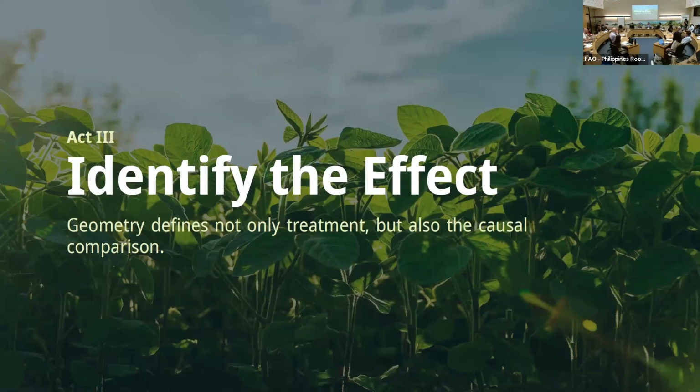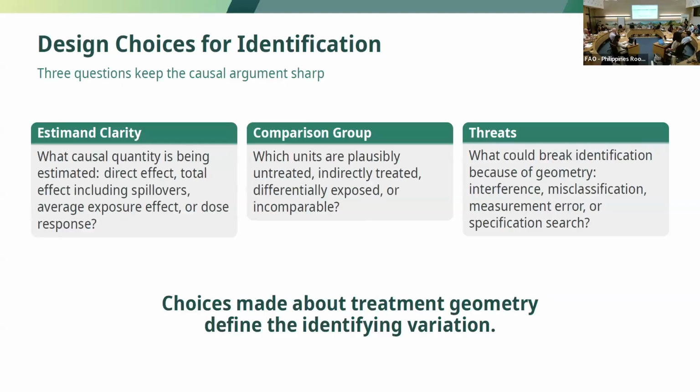Having mapped your treatment onto the data, that's going to define what sort of effects you can measure. Thinking about identification, you need to think about estimand clarity. Are you estimating direct effects, indirect effects? What is the comparison group? Your treatment geometry determines what your comparison group is. Is it the nearest neighbor? Is it a distance along the road?